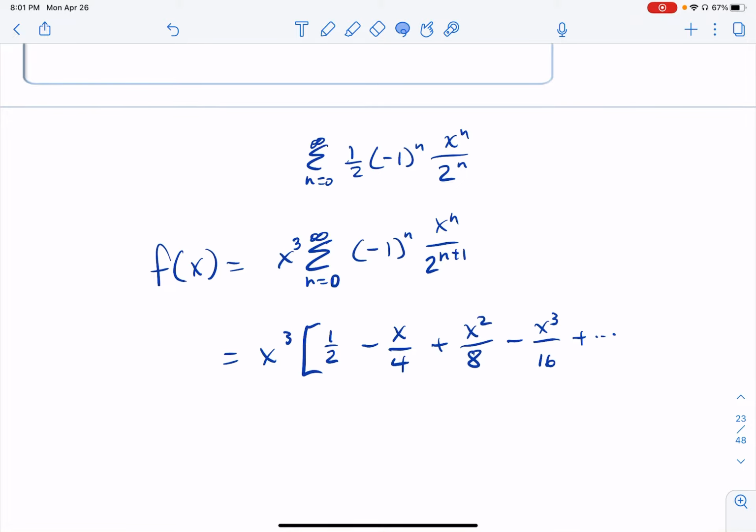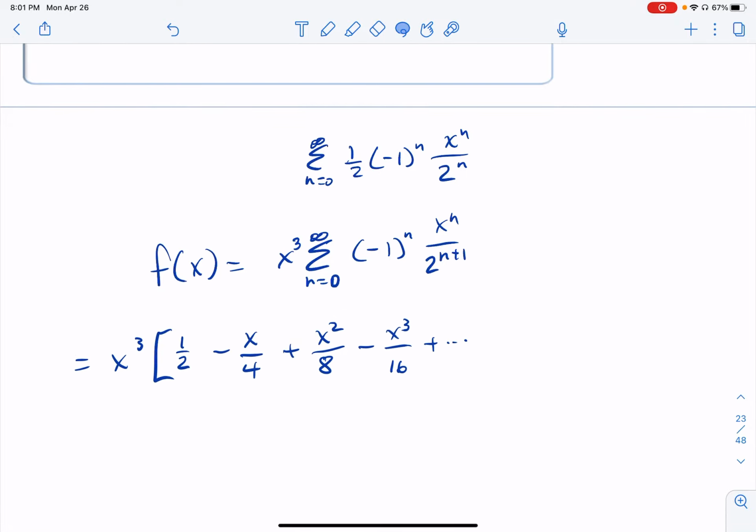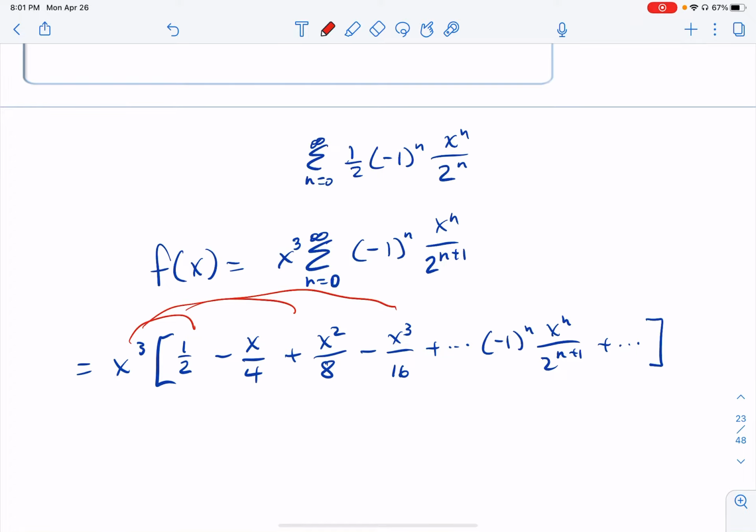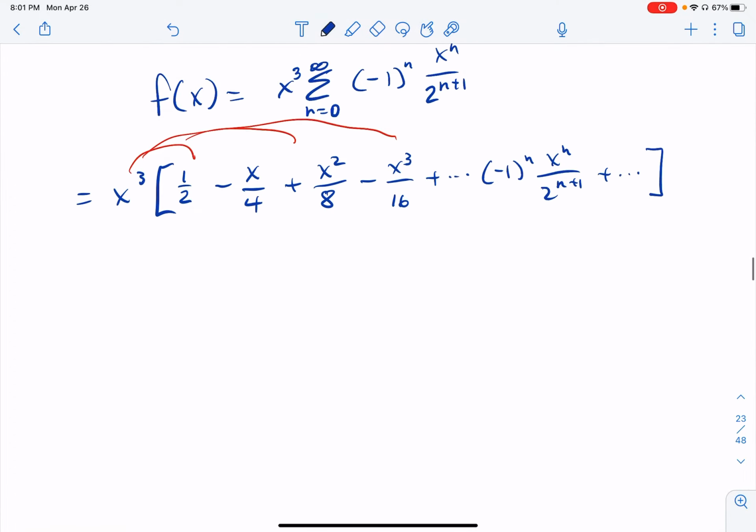Here, let's move this stuff over so we have some more room. And then we also have our nth term, -1 to the n times x to the n over 2 to the n plus 1, plus dot, dot, dot, keeps going. There we go. And then we would distribute this x to the third power to each one of these guys, giving us, here, let's put some little arrows there, just like it's Algebra 1, our glory days.